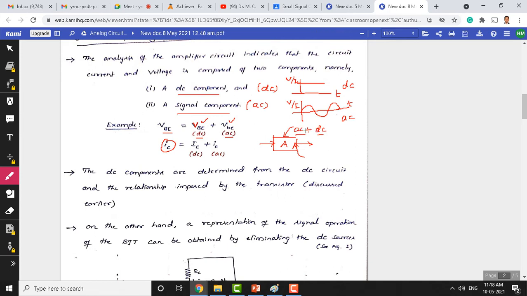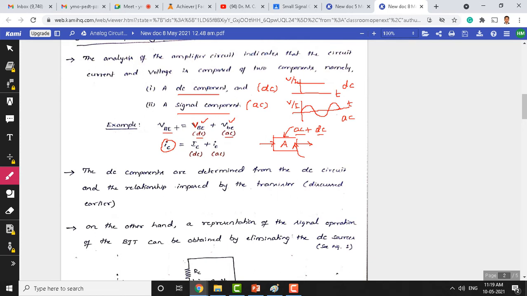Therefore, we need to separate AC and DC and analyze separately for DC, which we have done in the bias circuit. And once AC is applied, then we can also find out a few expressions, especially the voltage gain and current gain. Like that we can get more details or information from the circuit here. This is a sample of voltage and current signals we have shown here. Likewise, you can even write for base current and collector emitter voltage.